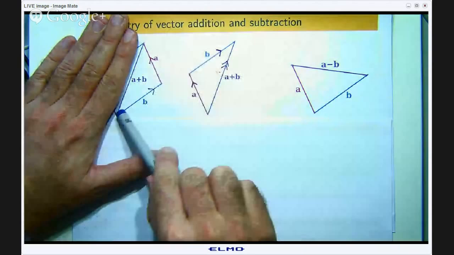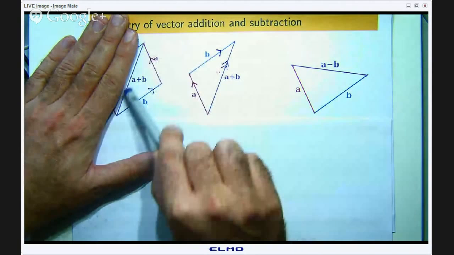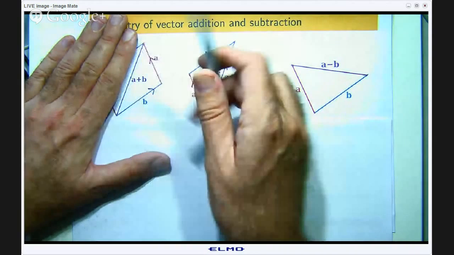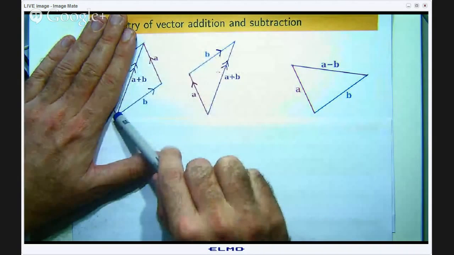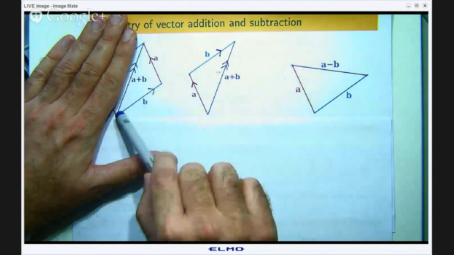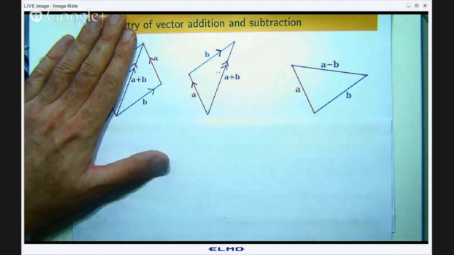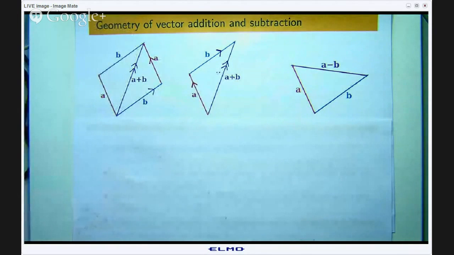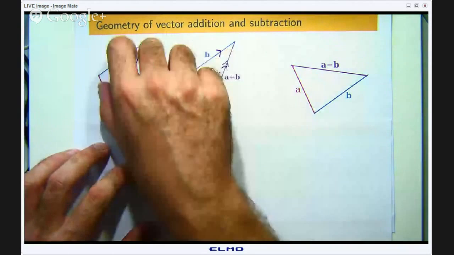Here I've put the head point of B to the tail point of A. And then I've drawn in another triangle there with a third line from the tail of B to the head of A. That's also geometrically the sum of the vector B plus the vector A, or the vector A plus vector B. Combining those two cases, you have two triangles, and that triangle and that triangle are the same.